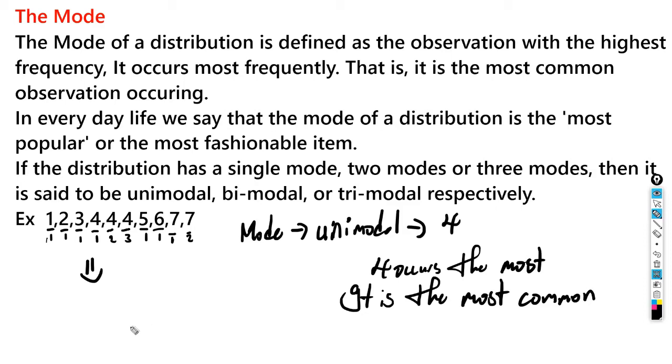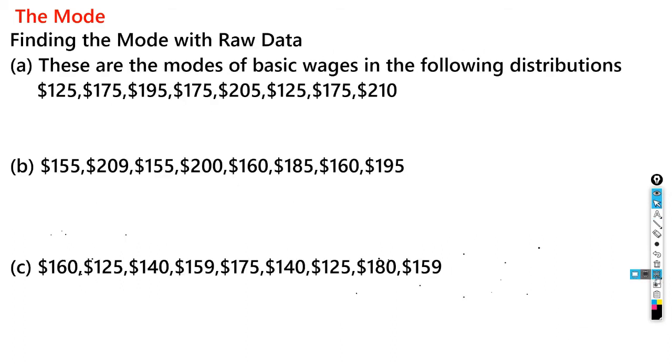Let's look at some other examples with raw data. In this case, we're simply going to count how many we can pick up the most often. Let's read the question from the beginning.